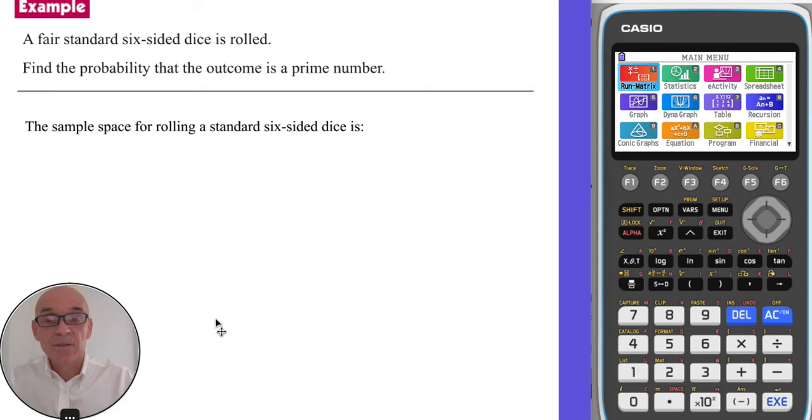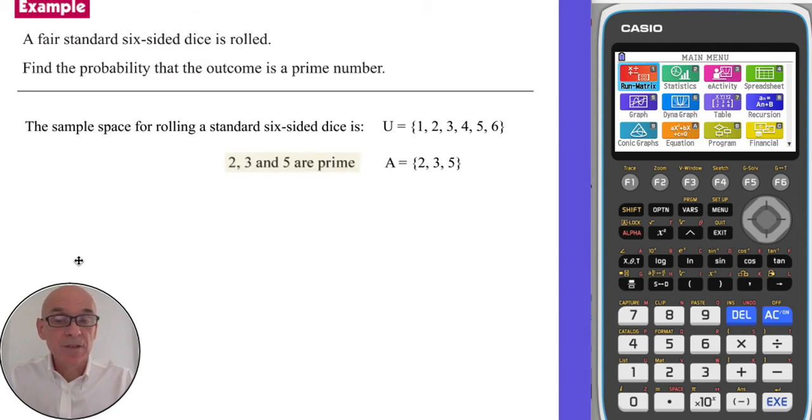So on this standard dice, which was rolled, we're asked to find the probability that the outcome is a prime number. Our first task would be to identify the sample space. As you can see, the sample space is the numbers 1, 2, 3, 4, 5, 6. Then we need to know how many of those outcomes are prime numbers.